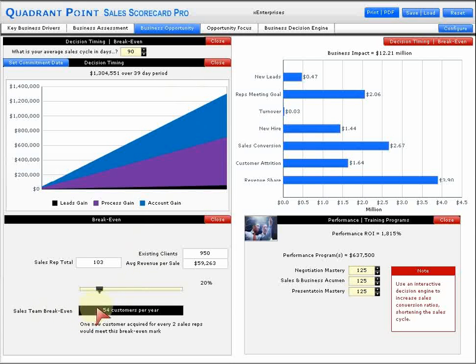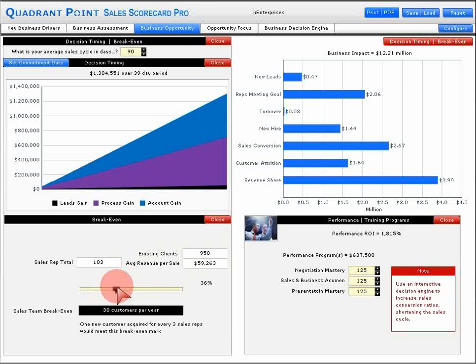Sales team break even. This looks at if you have 103 reps in this example, factoring in the count and the turnover and the new reps added, then there's 950 clients from the sales goal area. With this average revenue, as we saw earlier, just under 60,000. Well, let's take a look.